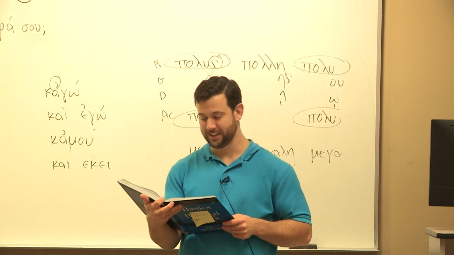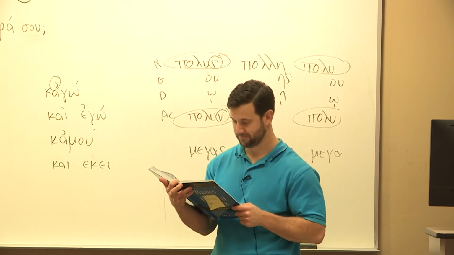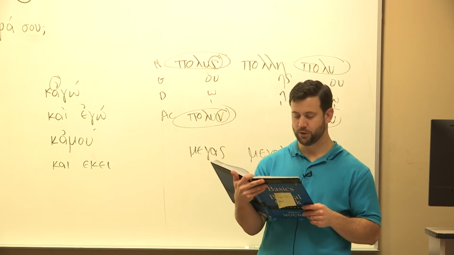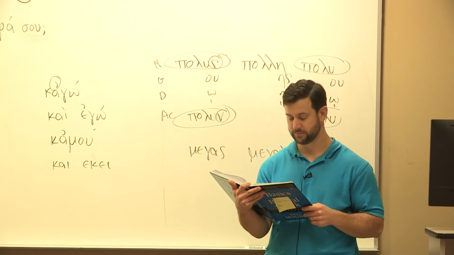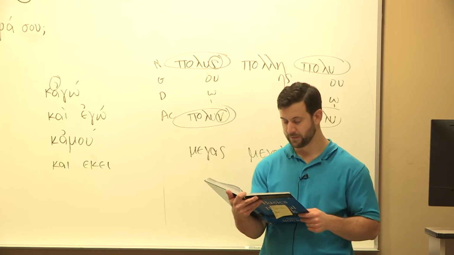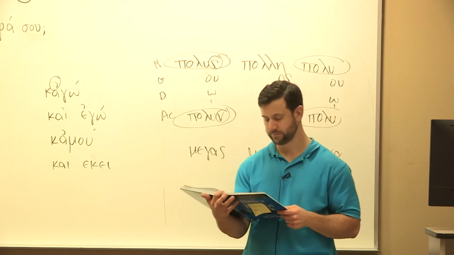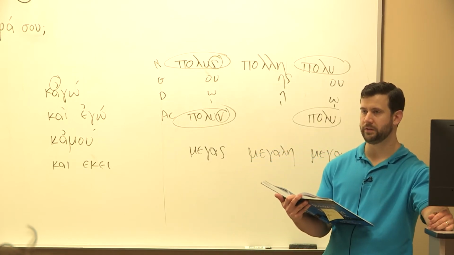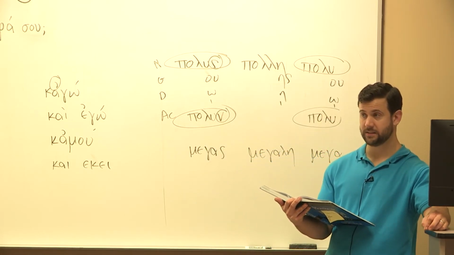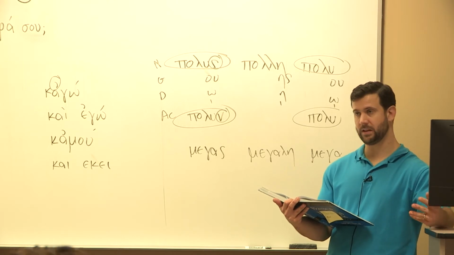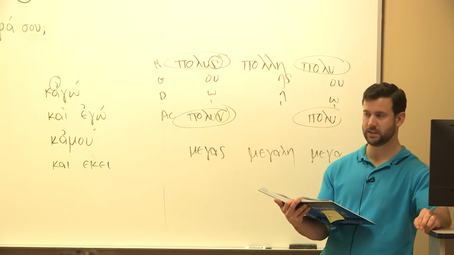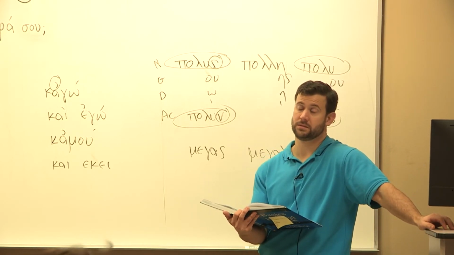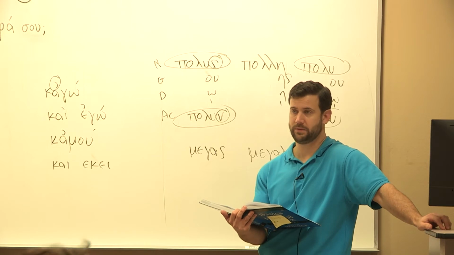Megas, megalē, mega. Paulos. Pelus. Pōs. To sēmeion, sēmeiou. If you know anything about linguistics, the field of semiotics, it's the study of signs and sign systems. It's like language. All right, so we're creeping up to 64% from what, 62 and a half?